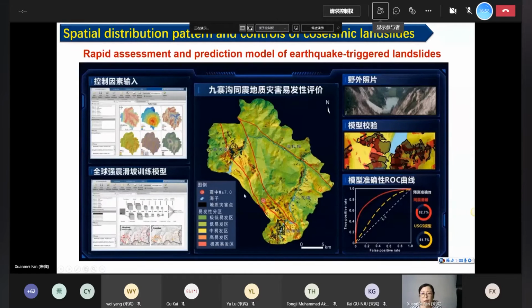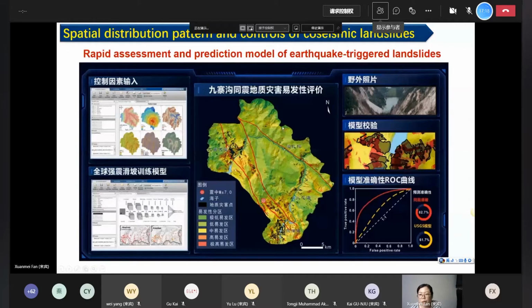We further developed a model to predict where landslides will most probably occur when an earthquake happens. This model uses artificial intelligence methods based on the global earthquake-induced landslide inventory.